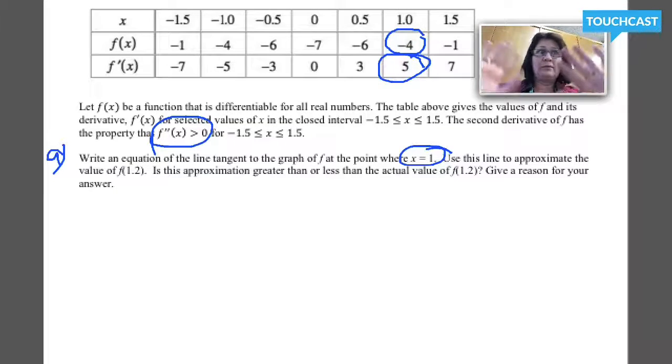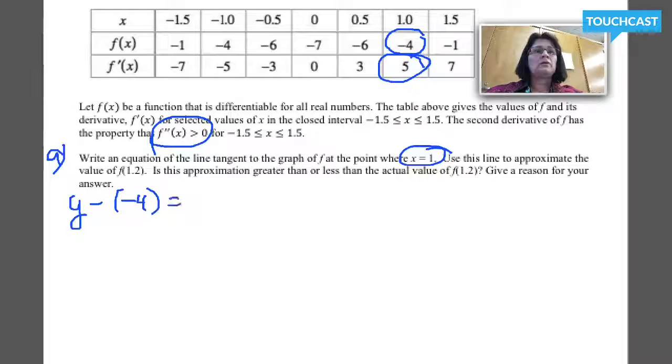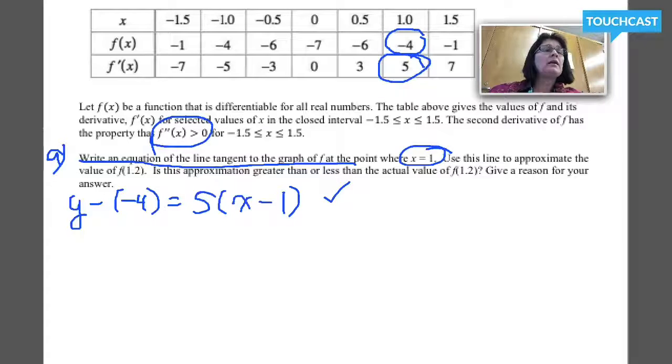But feel free to memorize the box. That's totally fine. Whatever works for you. I'm going to write y minus y1, which I said was -4, equals the slope times x minus the input value, x1. So this would definitely get a point. This is a tangent line equation, which is the first thing they asked for, right? The equation of the tangent line.